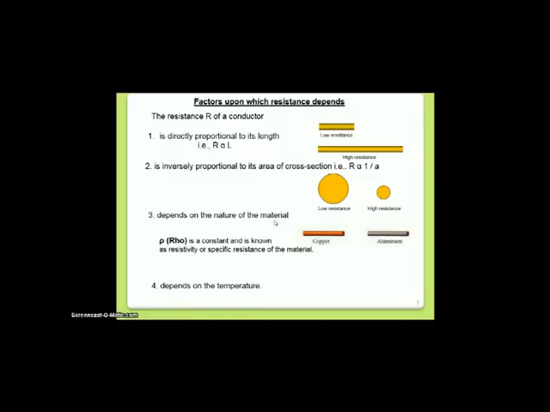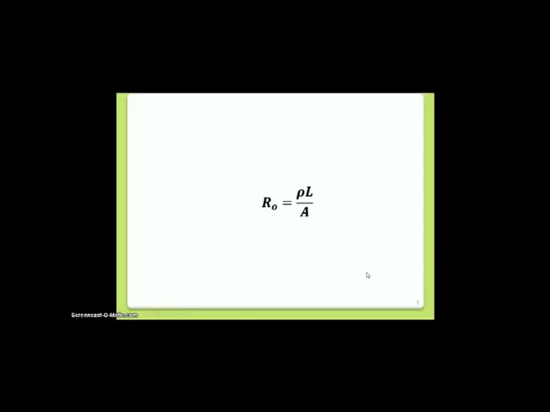The last point, the resistance of any wire, any sample, depends on the temperature as well. Based on this understanding, the resistance of a sample can be calculated by the rule R = ρL/A. Rho represents the resistivity, L represents the length of the sample, and A is the area of cross section.